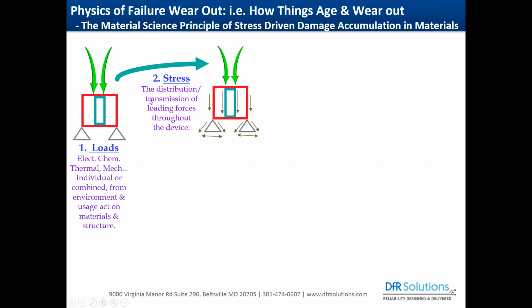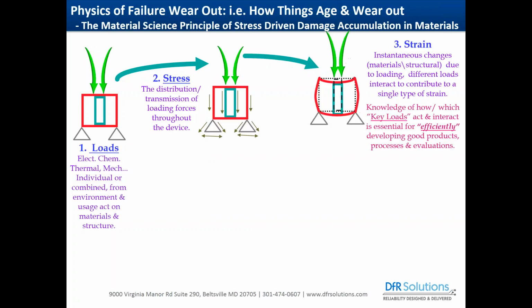Now, whenever a structure is loaded, stress is created and transmitted throughout that structure. And as materials are stressed, they are also strained, which means there's an instantaneous change in the material and its structure due to the effects of a loading condition.